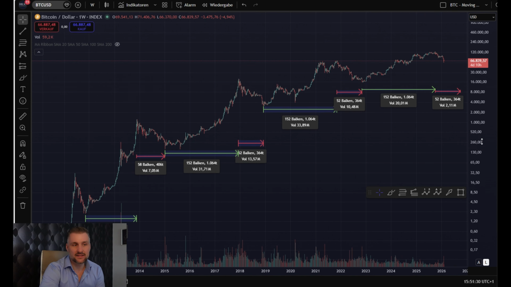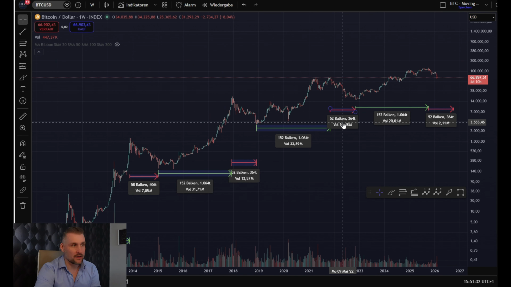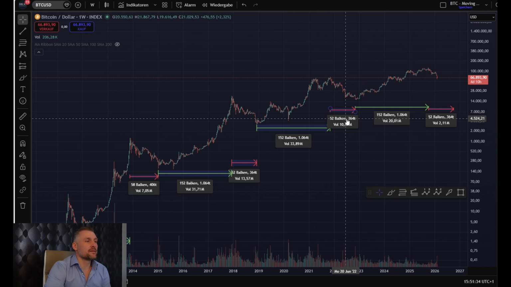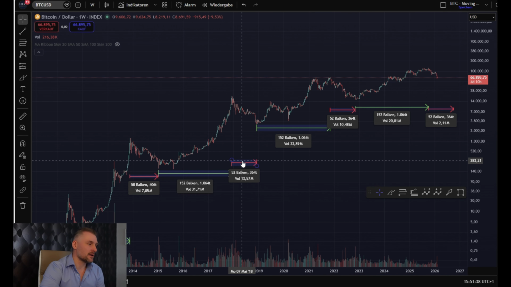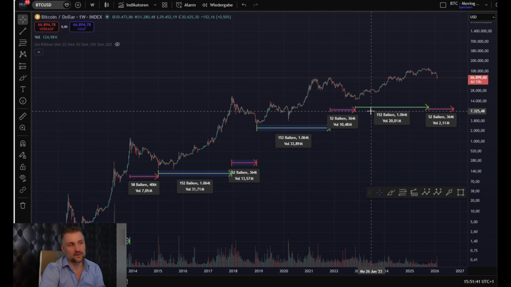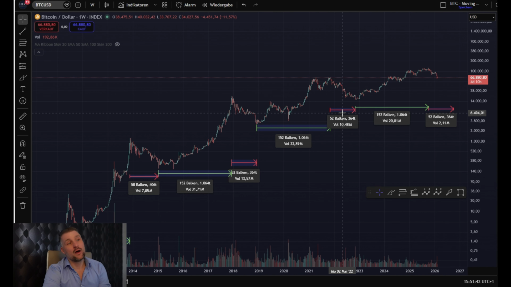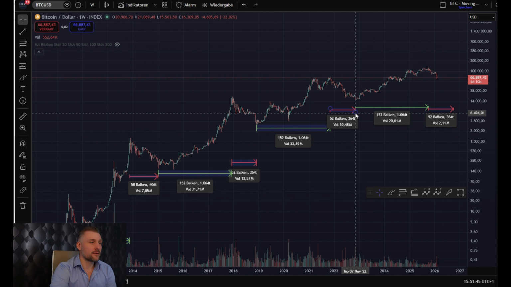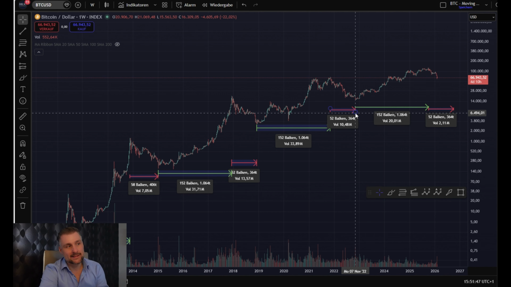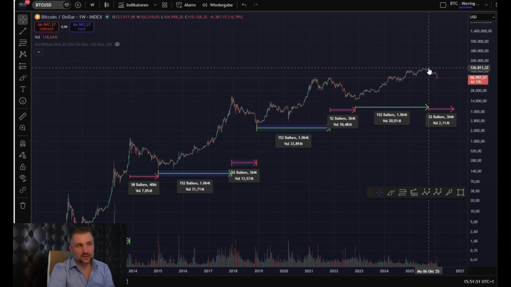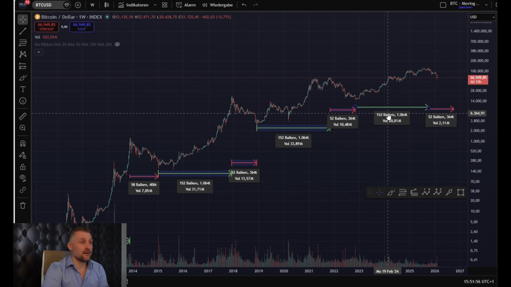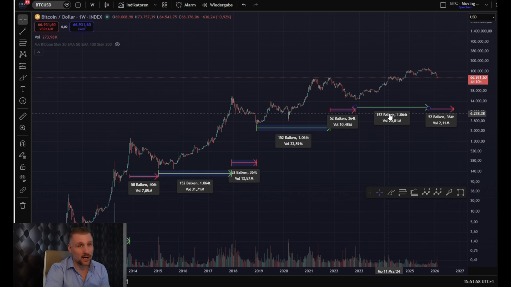And after that, we got again a bear market, and this bear market took exactly the same time as the previous one, 52 weeks. Then we got the current phase or bull market, and the question is now, did we top here in October? If yes, that means we got again 152 weeks of a bull market.